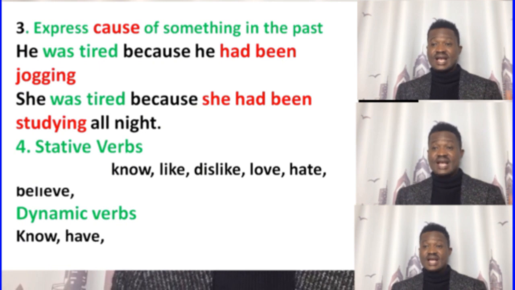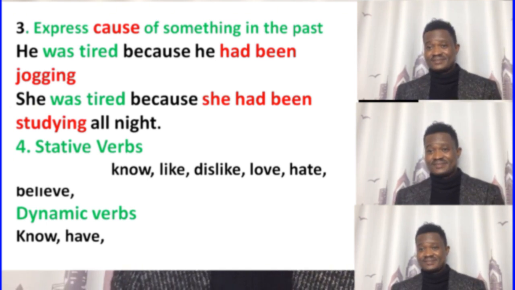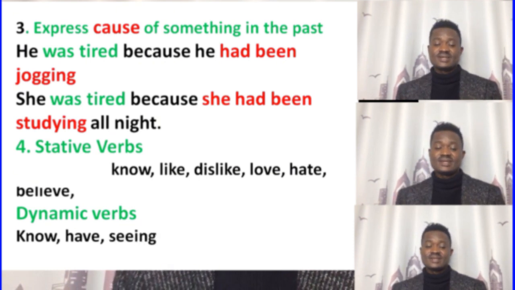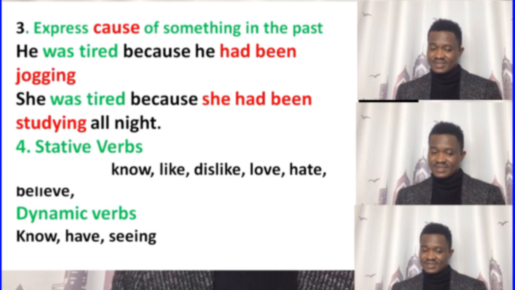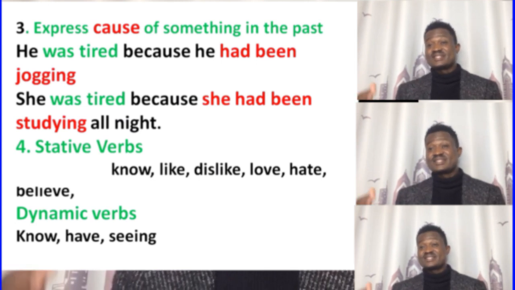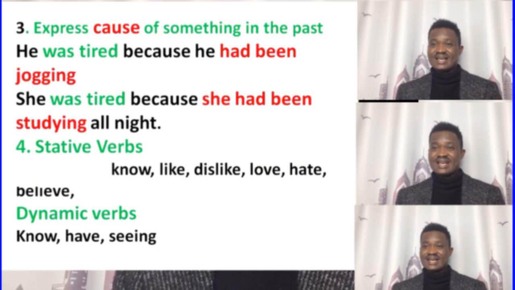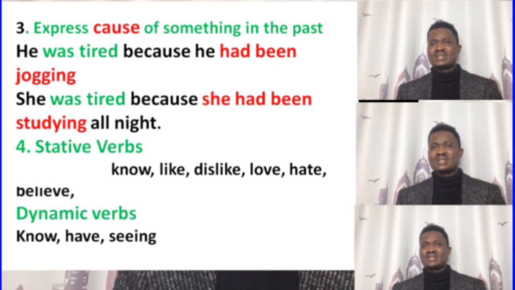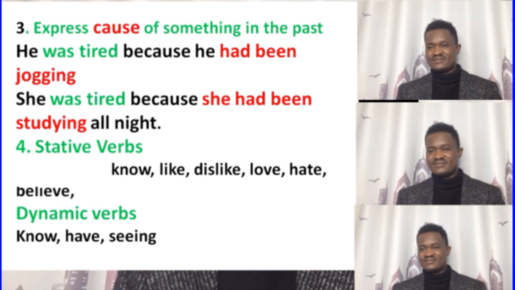Have is a dynamic verb. We can also say having. It depends on the sentence, but the meaning changes. See is a dynamic verb; we can also use seen. Just check the present simple, where there are a lot of dynamic and stative verbs.